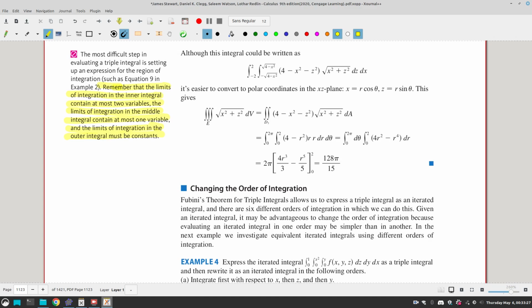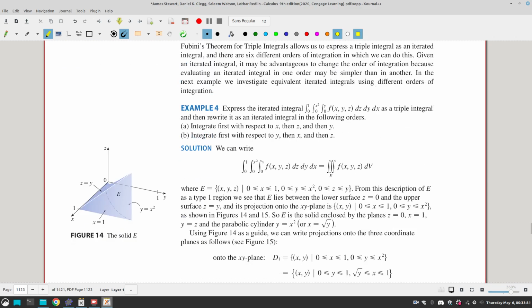So for example, we have this triple integral, this iterated integral, x from 0 to 1, y from 0 to x square, and z from 0 to y, dz dy dx.